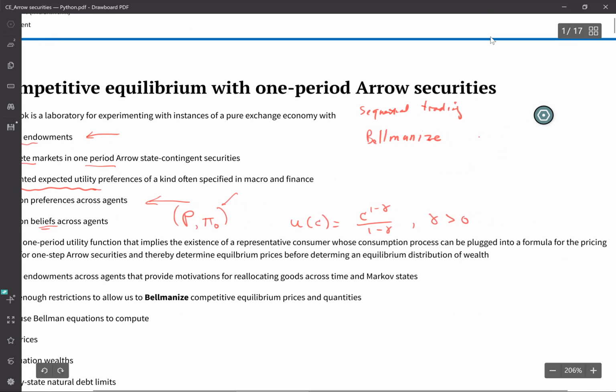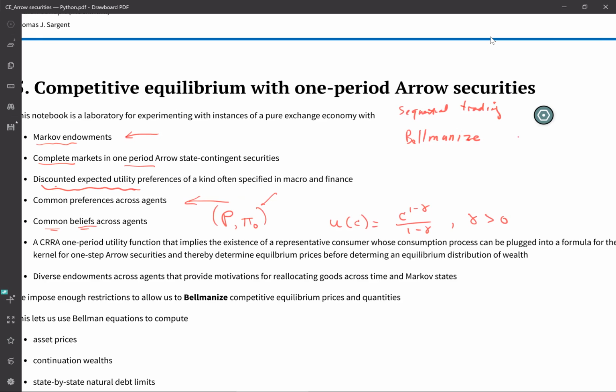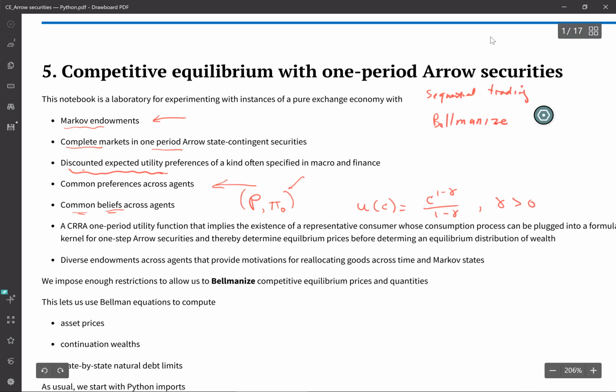And we're going to rig this up so that it's going to imply something called Gorman aggregation. This is going to be important. We are going to use that to simplify computing things in some problems.